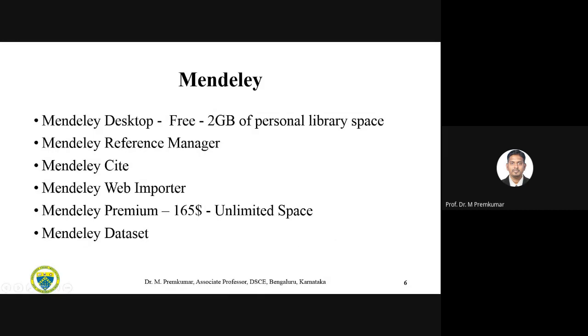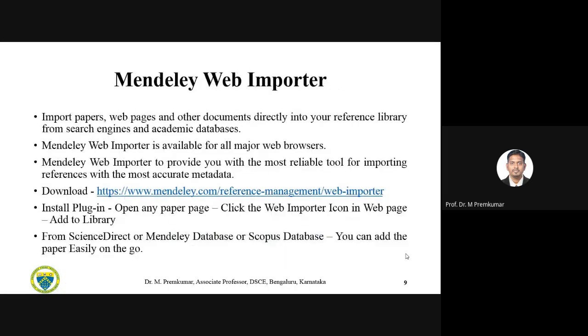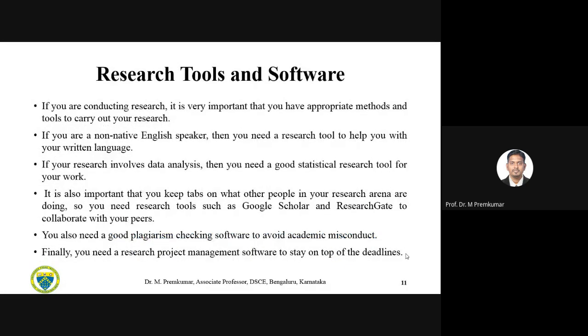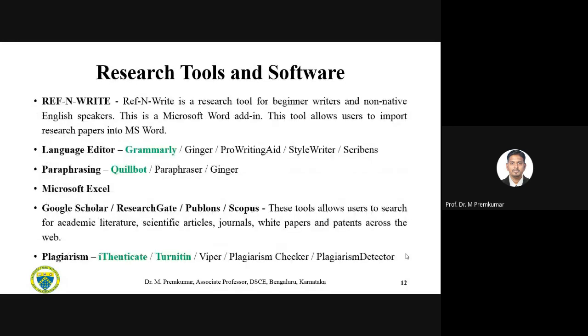So you just check what is Mendeley Premium and Mendeley Data. This is about the reference management software and the research tools and software. I just want to list out a few tools that maybe will be required for you to write quality papers.